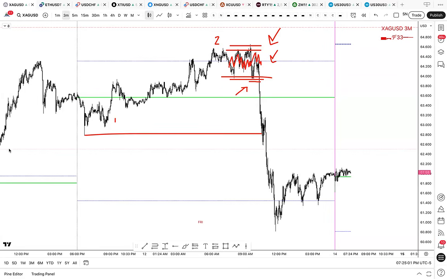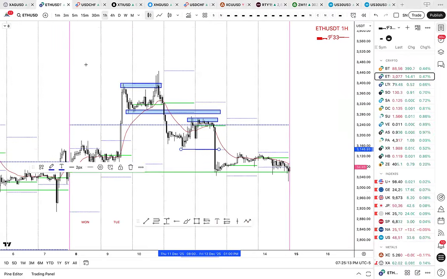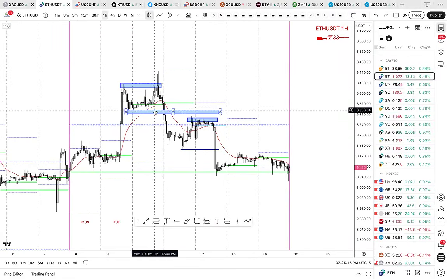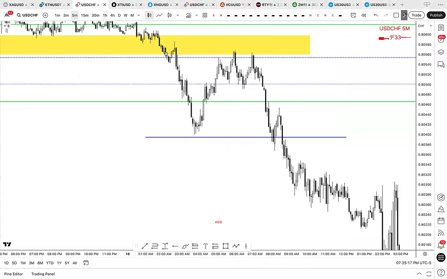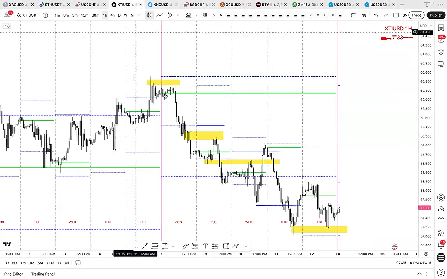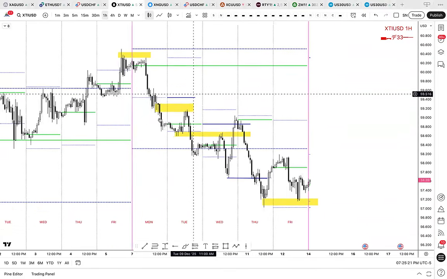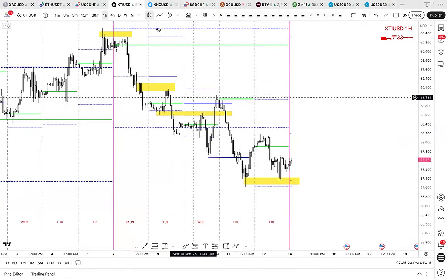The coil, the high and the low of that coil. That's what I'm paying attention to. Many, many charts over and over. Pump and dump, pump and dump.